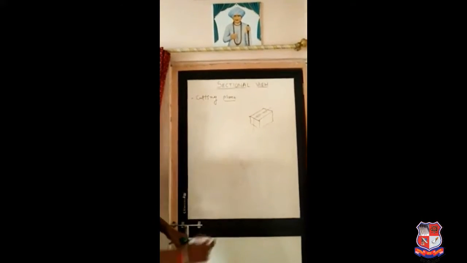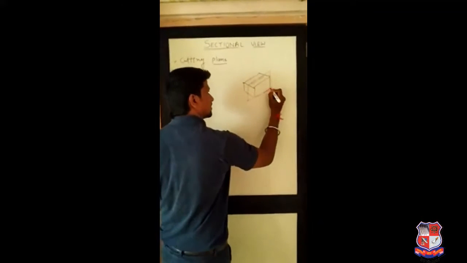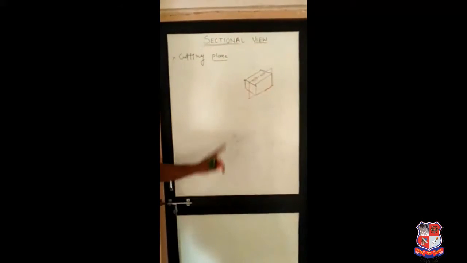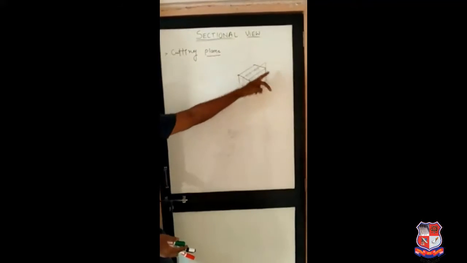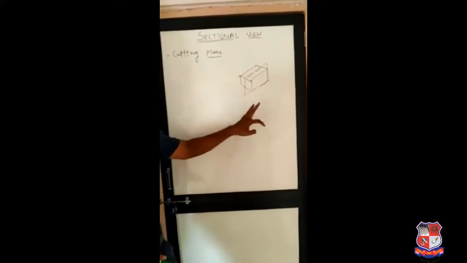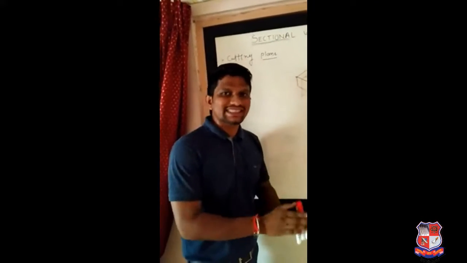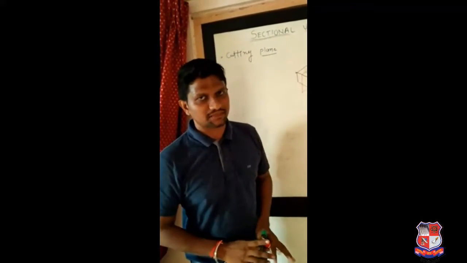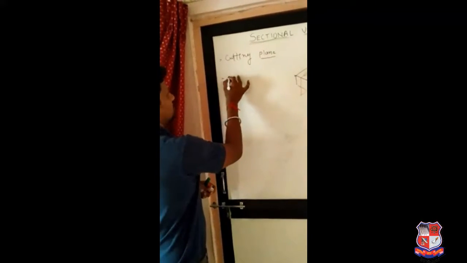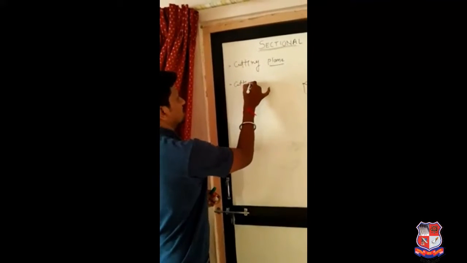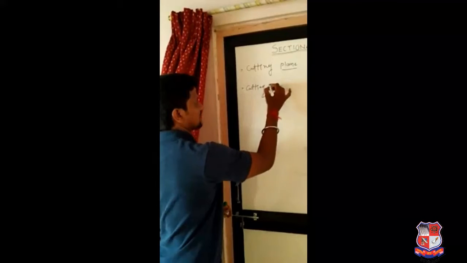If I complete the plane, then we are going to cut the given object with the help of this red plane. This plane is known as a cutting plane. The plane which is used to cut the object, that we imagine cuts the object, is known as a cutting plane.